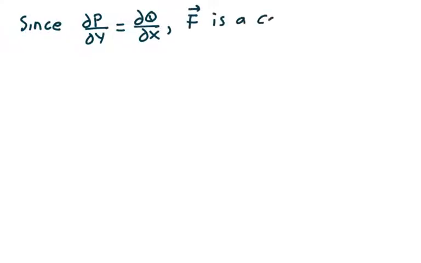Since the partial of P with respect to y equals the partial of Q with respect to x, we can say F is a conservative vector field.